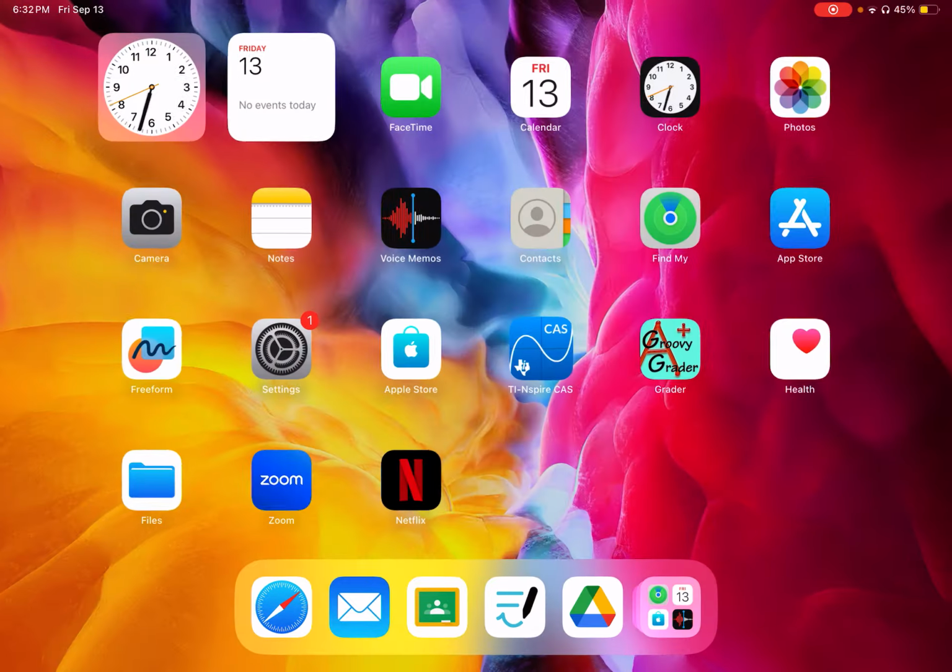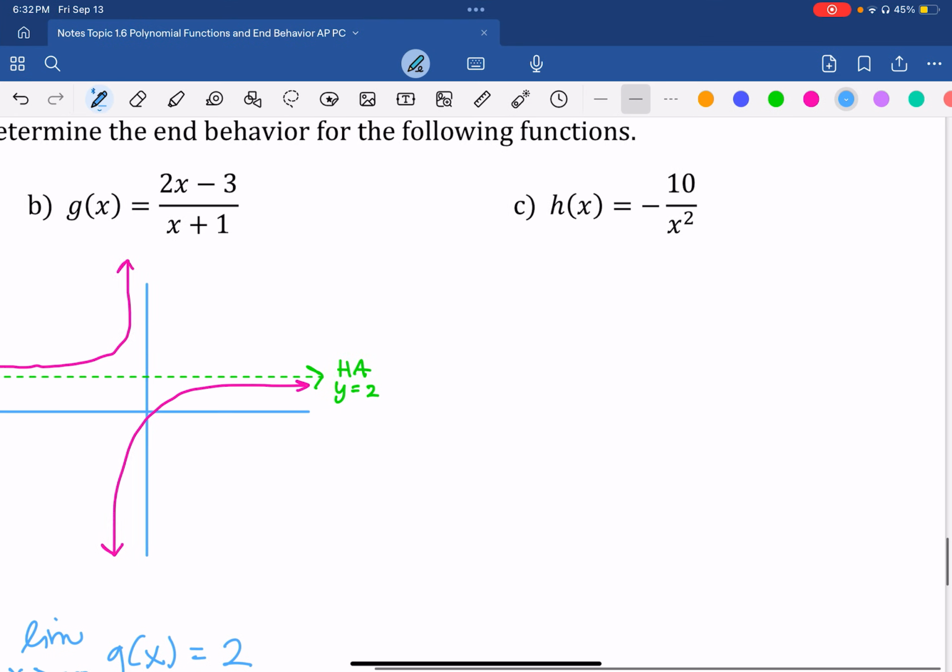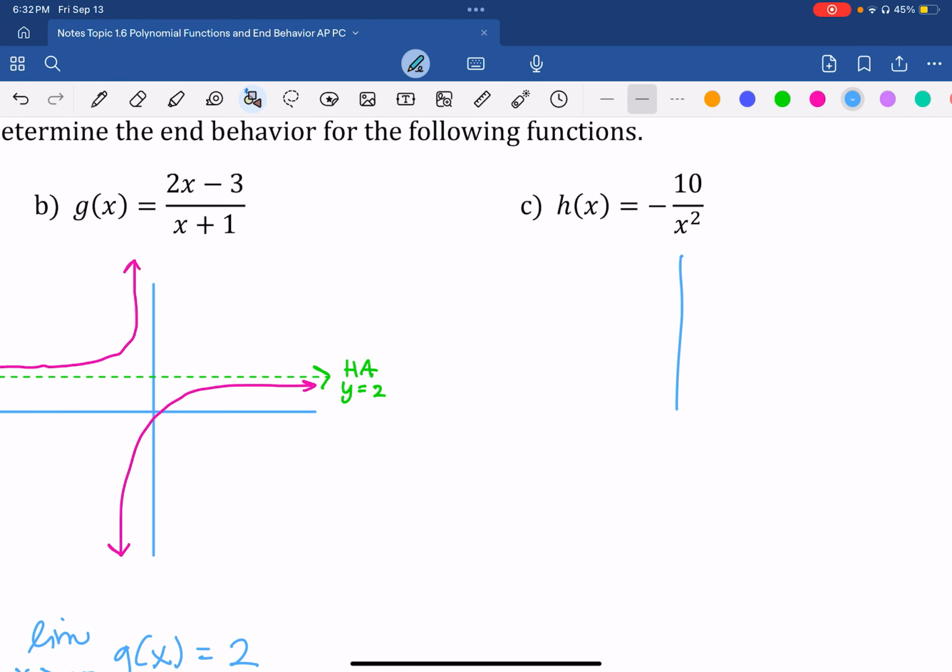So let's go ahead and sketch this one. And then there's a horizontal asymptote at 0. And then the graph looks something like this.